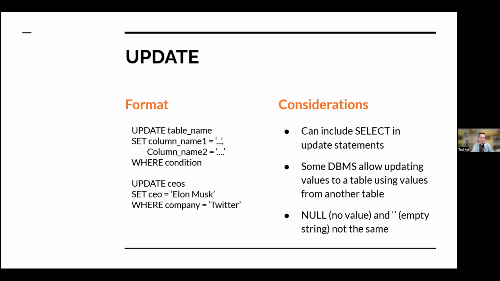Yeah. So as far as updating, this is the format for it. Use the update clause, the table name, set, and you specify what you want to set your column to. If it's just one column, it would be just this line, and if it's more than one column, then comma, the next column, etc. It's important to have a where condition because you don't want your update to affect other things.